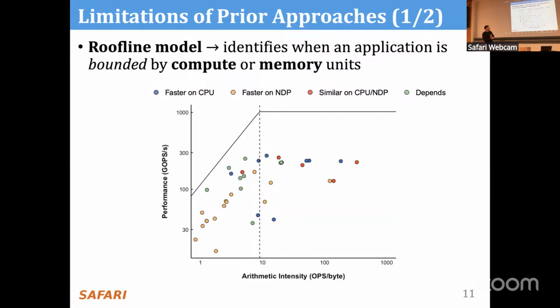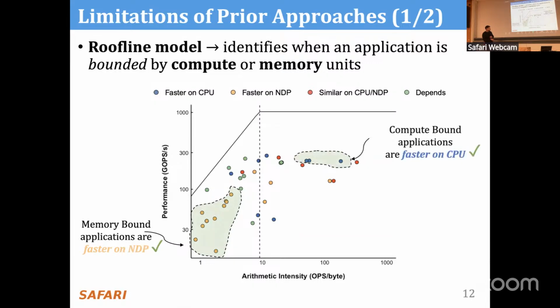So applications in blue here are those that are faster to run on the regular CPU, and the ones in orange here are the ones that are faster running on the PIM system. And there are some corner cases here that depend on the configuration. So what we see here is that if you take this model as it is, there are a couple of applications that, yes, are below this memory roof, and they run faster on the processing memory system.